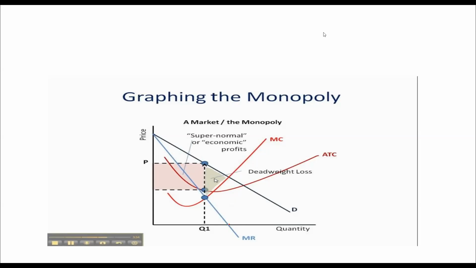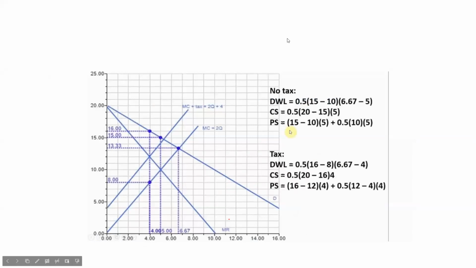All right, now let's see, did I do an excise tax? Okay, yeah. So here I have an excise tax. I start off at a price where, right here, the right MC curve, MC equals MR, the price is 15 and the quantity is 5.